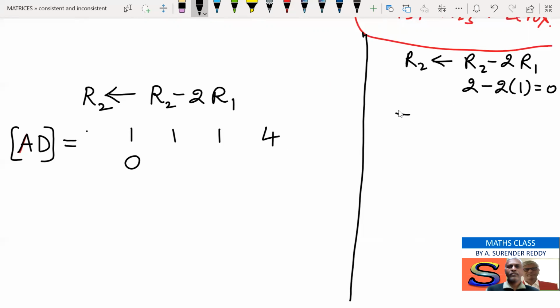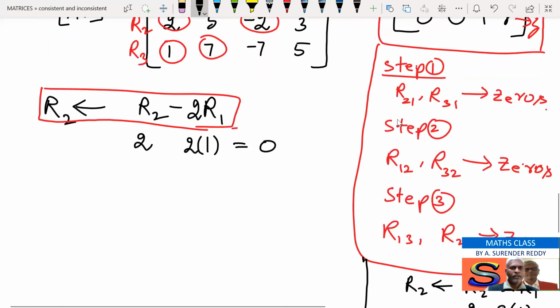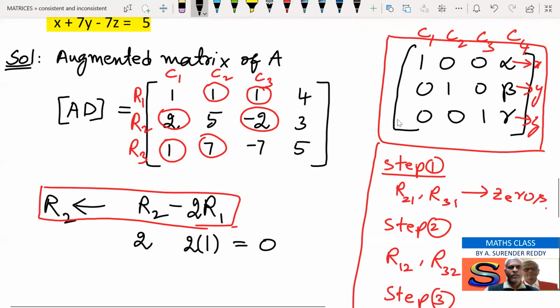In the second element, look at this, 5 and 1. Apply the same formula for the second element, 5 with 1.